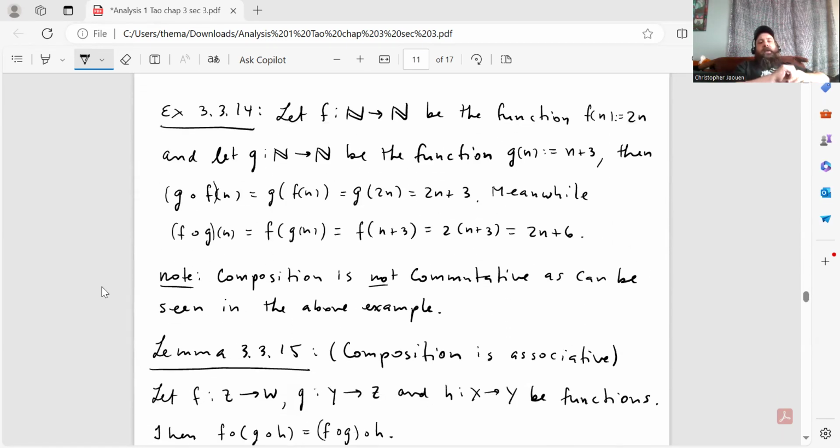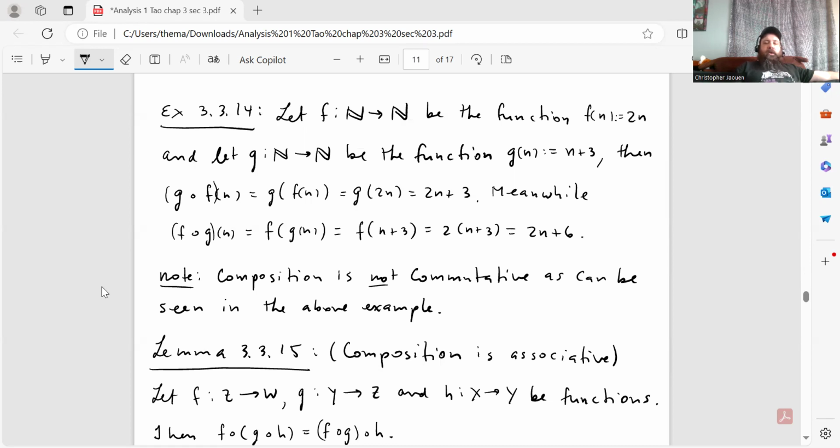All right, example 3.3.14. Let f be a function from the natural numbers to the natural numbers, the function f(n) = 2n, and let g be a function from the natural numbers to the natural numbers, the function g(n) = n + 3. Then (g∘f)(n) is g evaluated at the output of f evaluated at n, which is g evaluated at 2n, and just from the way that we define the rule for g, that's equal to 2n + 3.